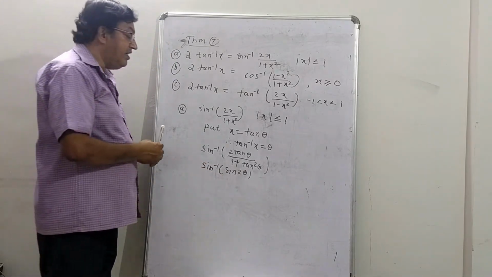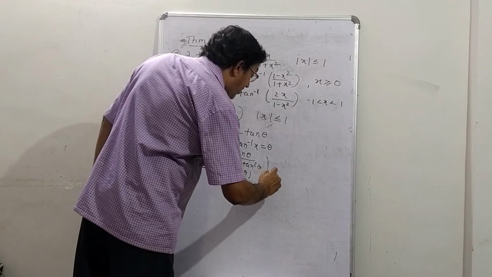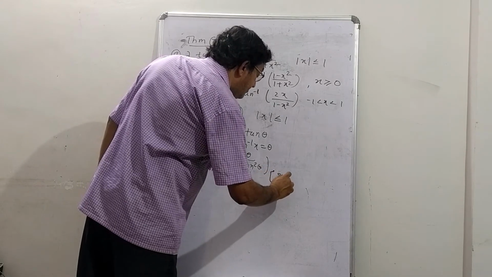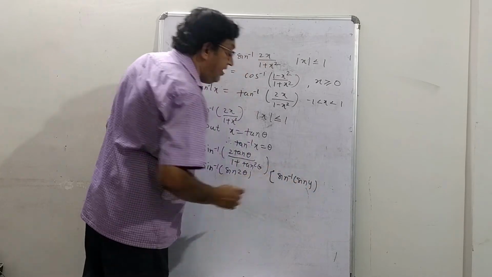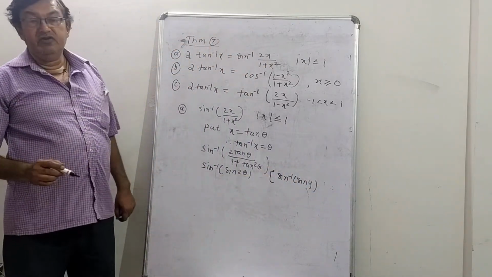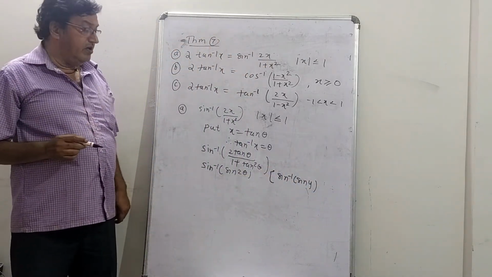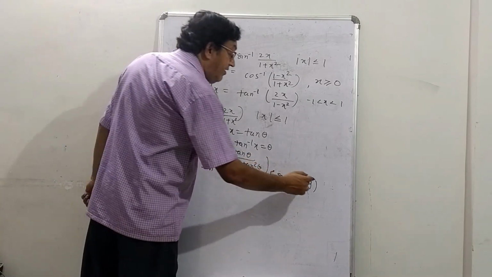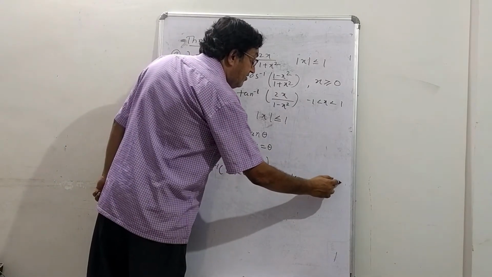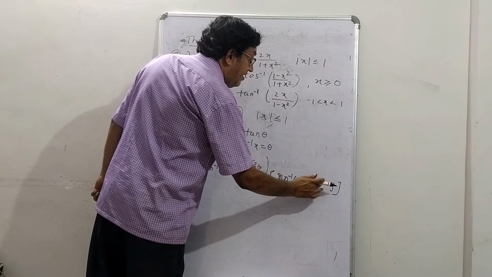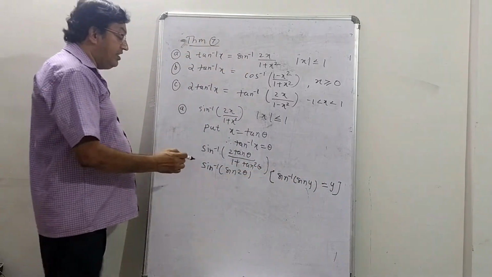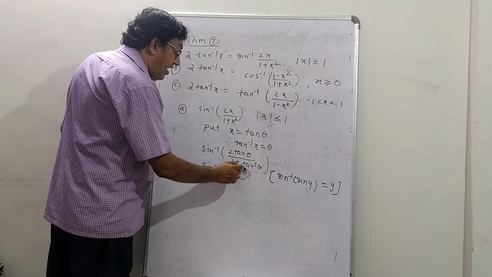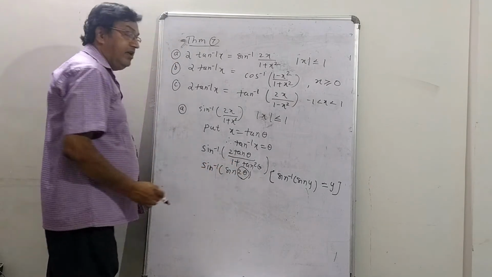Now this is like sin inverse of sin y. Already I have explained sin inverse of sin y in previous videos. Sin inverse of sin y will be y. Instead of y, we have 2 theta here.